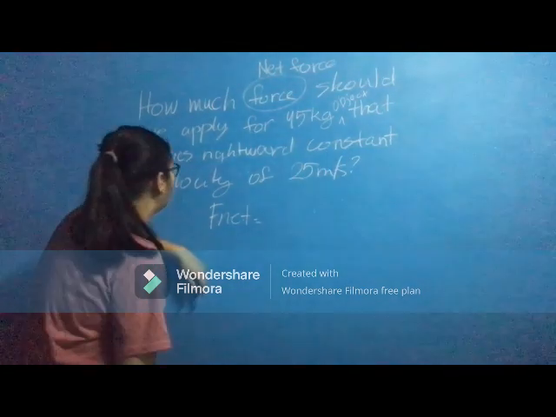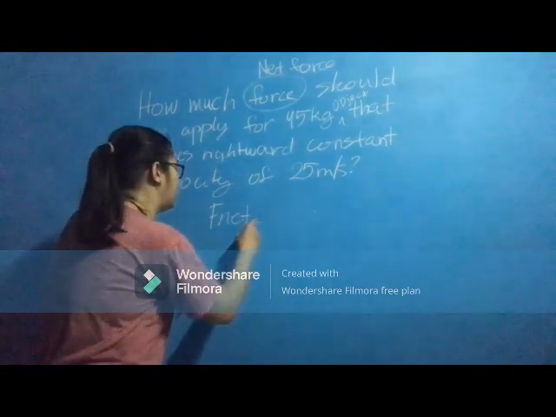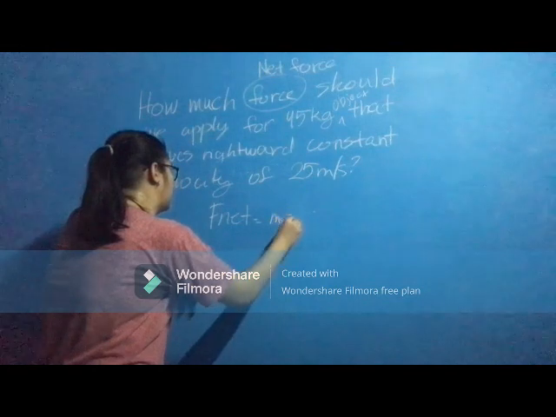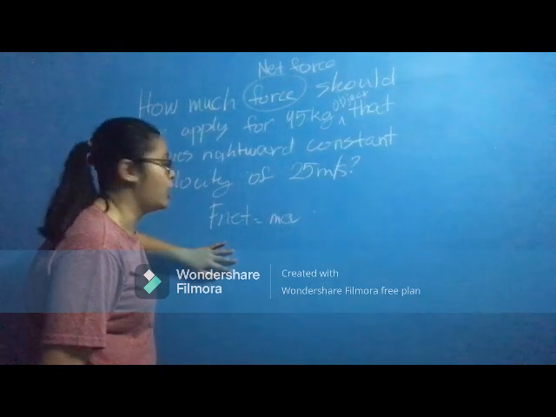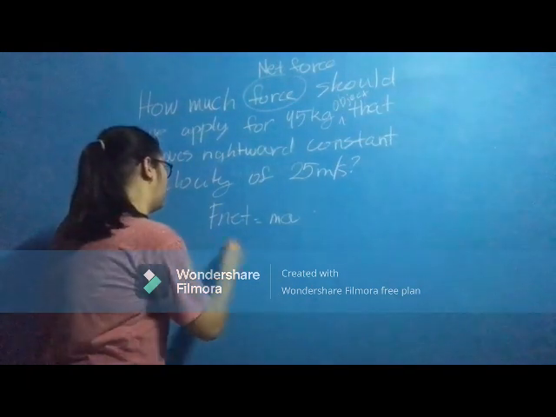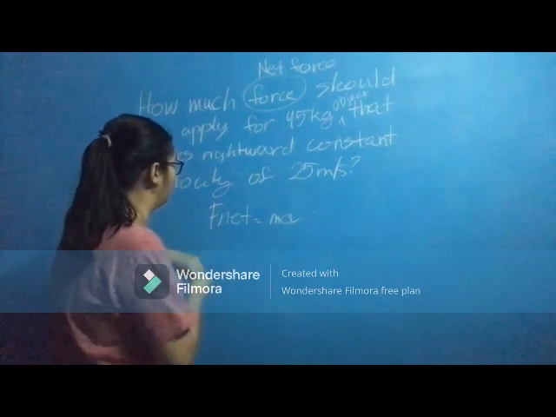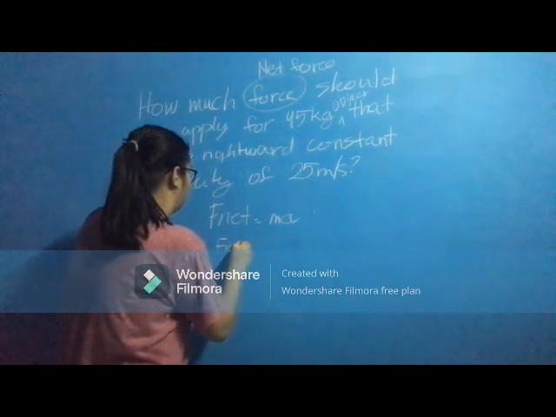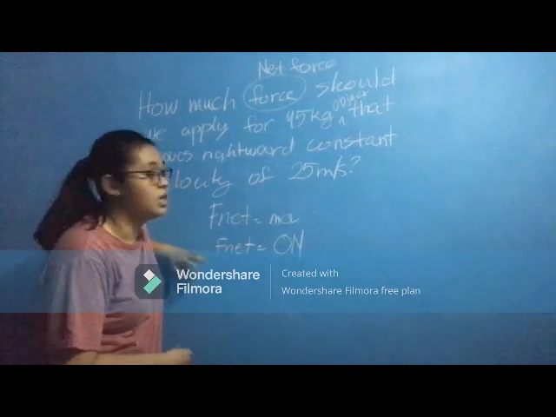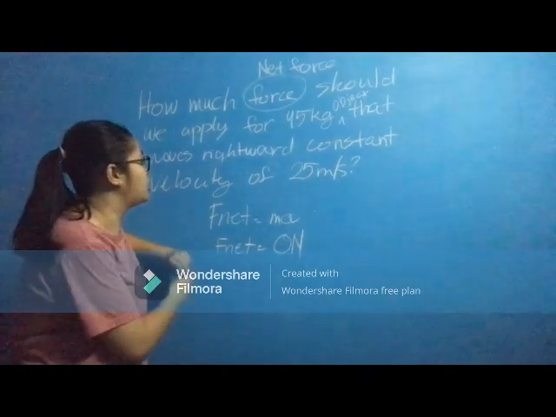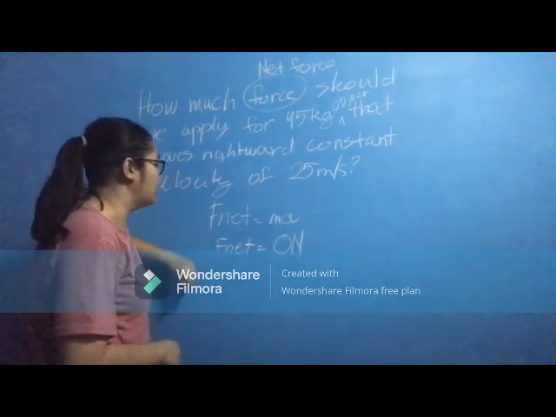It says a constant velocity of 25 meters per second. If you remember, the F net wants a mass and acceleration. Do we have an acceleration with a constant velocity? No. So therefore, our F net is now 0. Why? Because the problem has changed into constant velocity. If there is a constant velocity, there would be no acceleration.